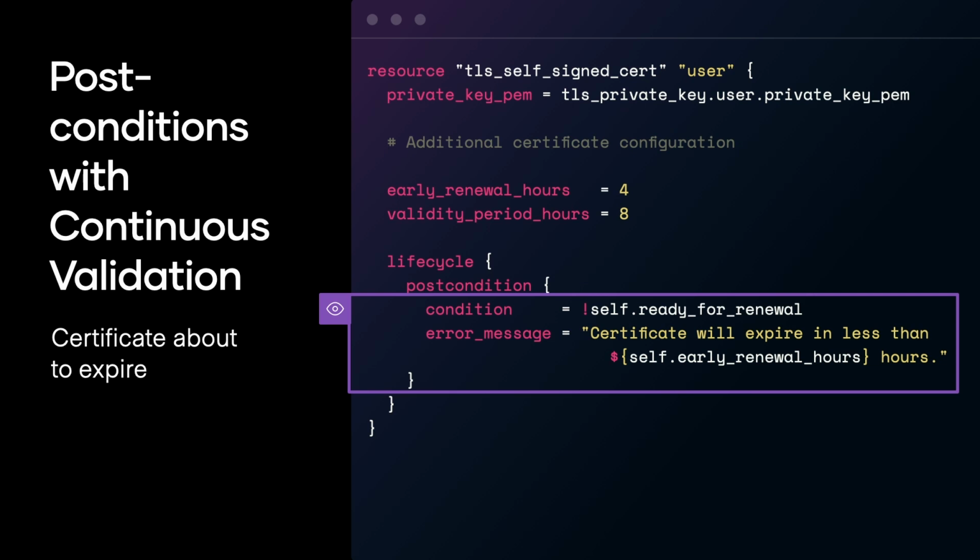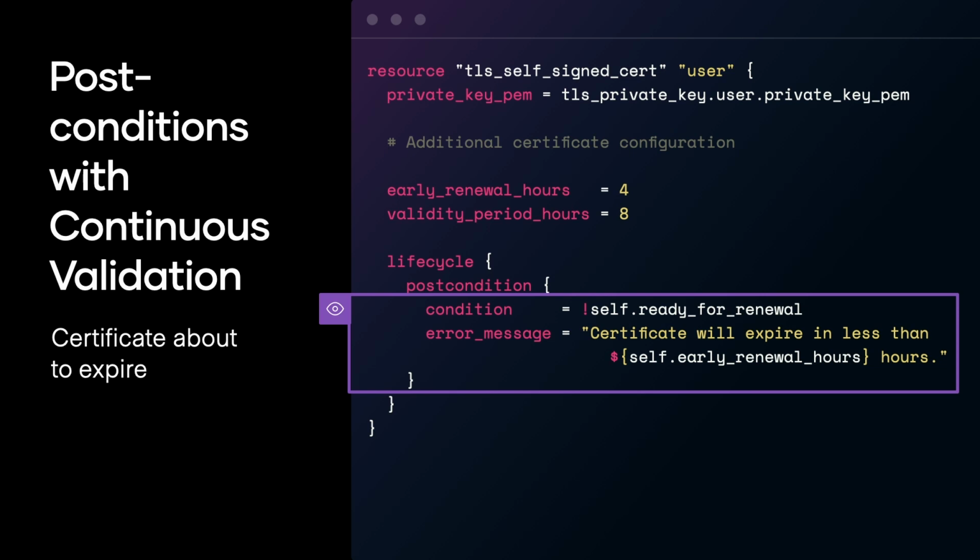So post conditions with continuous validation, right? What does that look like? Here what we're doing is, will the certificate expire in 90 days or whatever it is, right? So here what we did is we added a function, ready for renewal, to the provider itself. So when you're provisioning a cert, you can ask, is this about to renew?